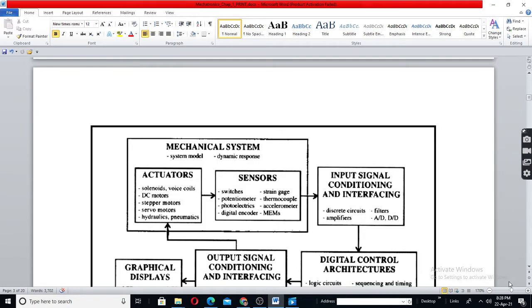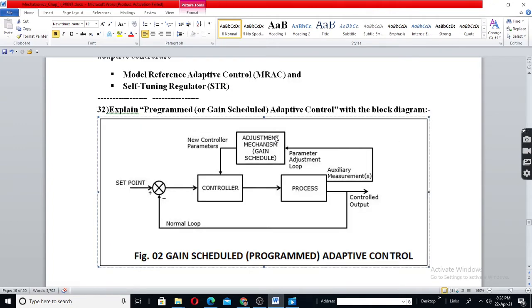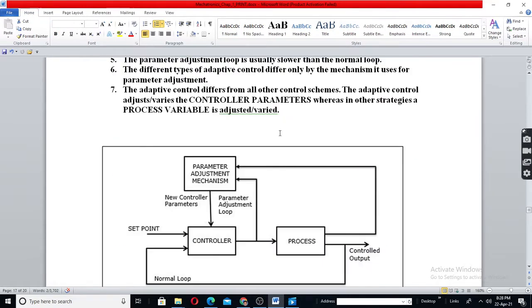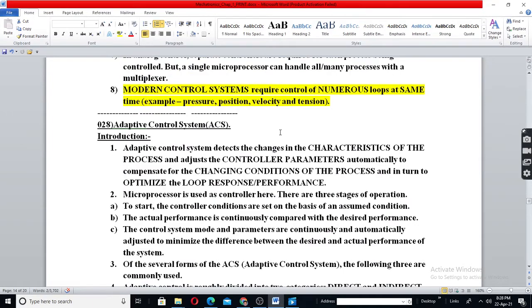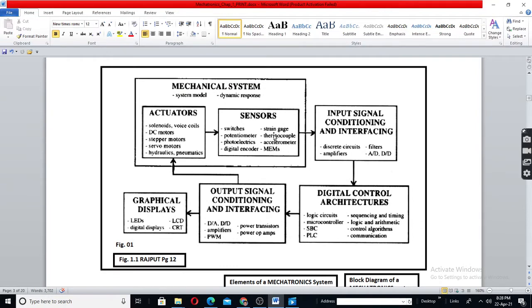In that you had only two systems, which are nothing but actuator and sensor. Say actuator is a DC motor, sensor is a tacho generator, or actuator is a relay, sensor is a CT.